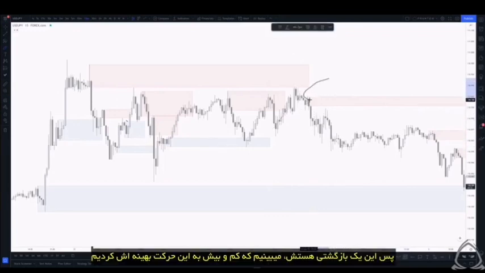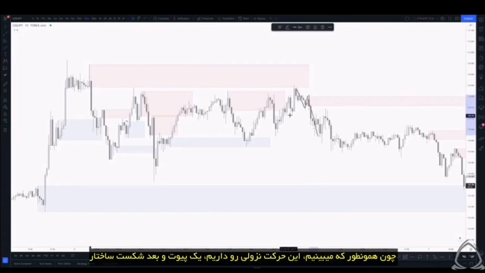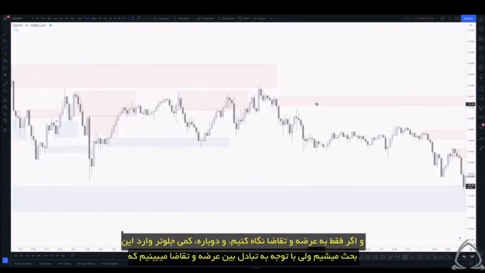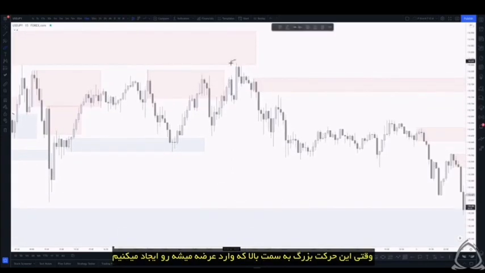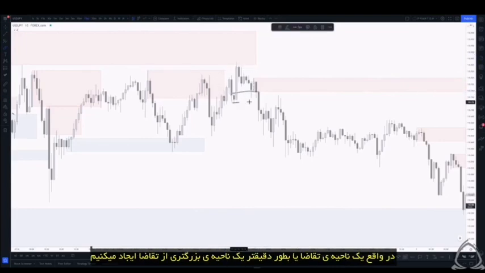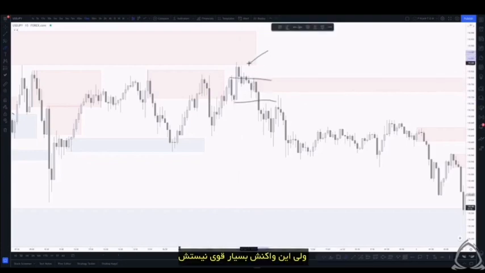What we can see is we've been able to more or less refine it to this move, because as we see, we get this move to the downside, we get a pivot, and then we break structure. And if we're just looking at supply and demand, and again, we'll go into this a little bit further, but the interaction between supply and demand, what we can see is when we create this large move to the upside that taps into this supply, we do in fact create a demand zone, or more specifically a larger demand zone, but this reaction is not incredibly large.